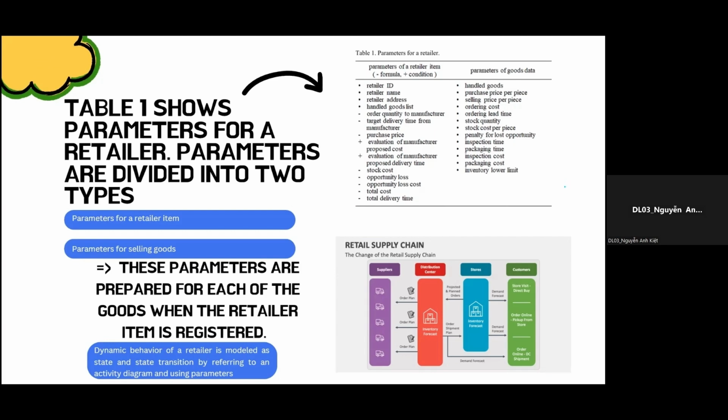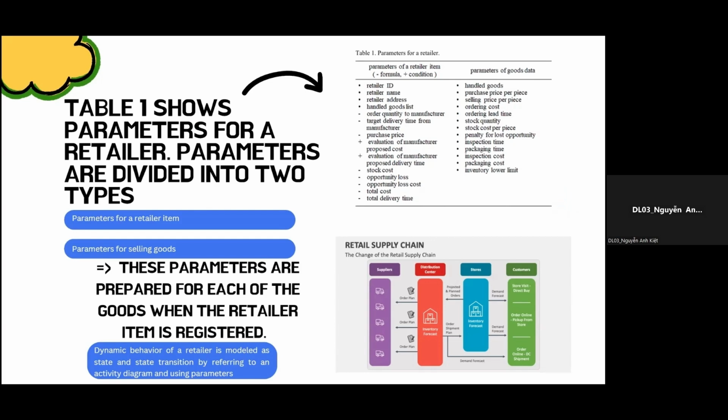And variables are provided by property parameters or by supply chain configuration data when the virtual supply chain is constructed. And they are provided by order data and data for ordered goods when the simulation is executed.